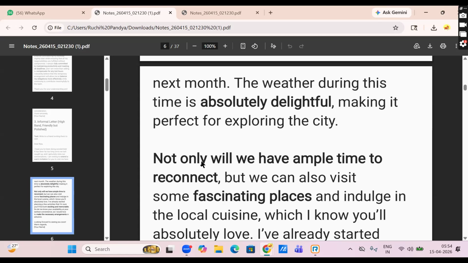Okay. Not only will we, ठीक है, मैं आप लोगों को बता रही थी कि आगे जाके I will give you certain types of sentences that will help you get a better score. So जब हम "not only will we" बोलते हैं, that's basically "not only", it is followed by an auxiliary verb that you can see, and then you have your subject.